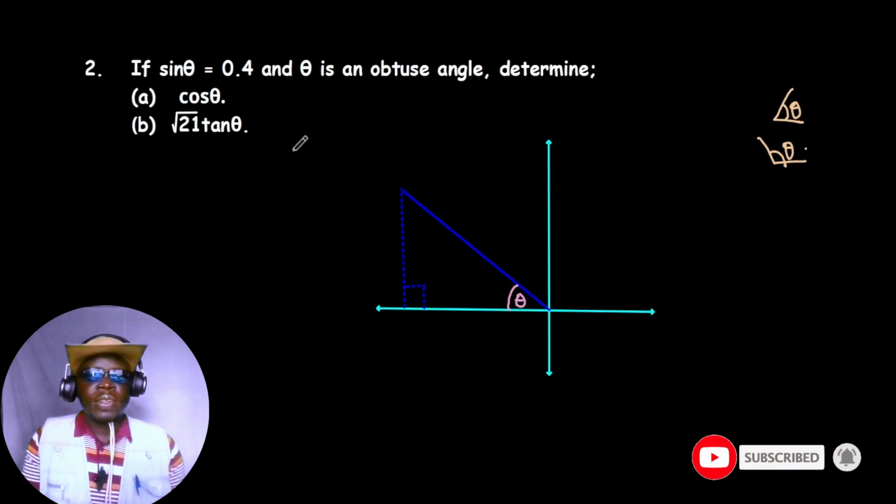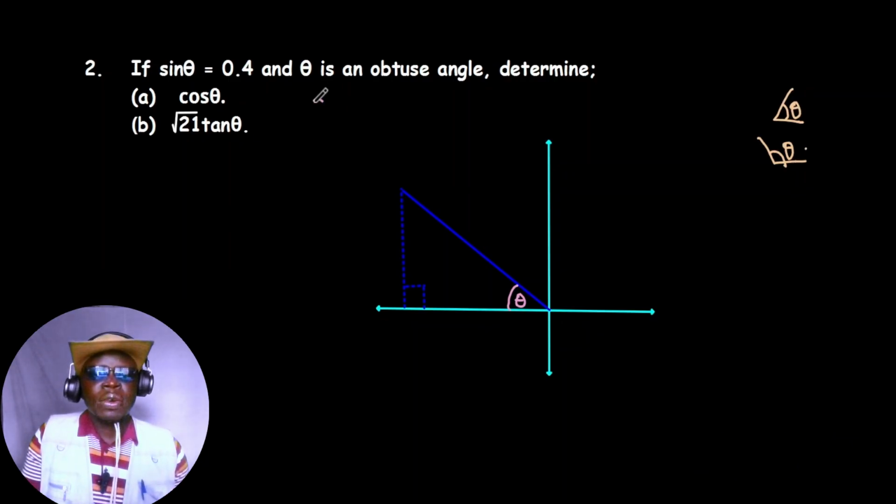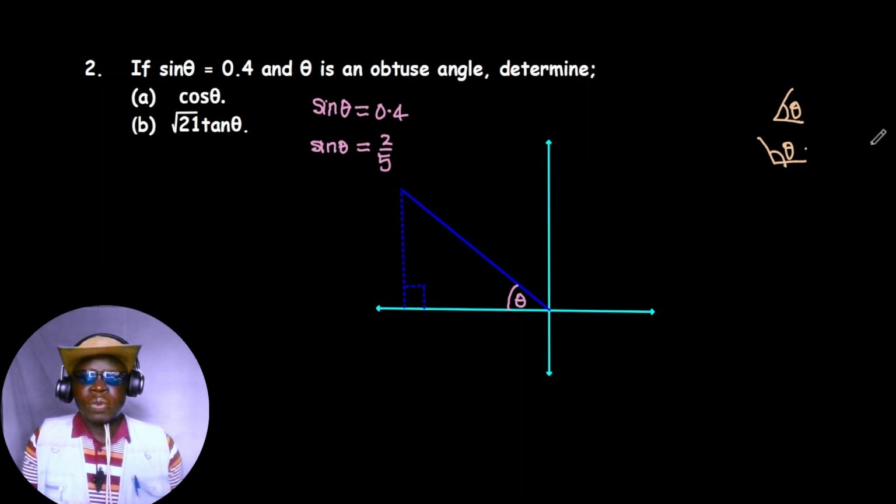So from here you say sine of angle theta has been given the same as 0.4. So in other words, our sine theta is equal to 2 over 5. Now from the definition of sine, we know that sine is opposite over hypotenuse, and according to this diagram, we have opposite as 2 and hypotenuse is 5.